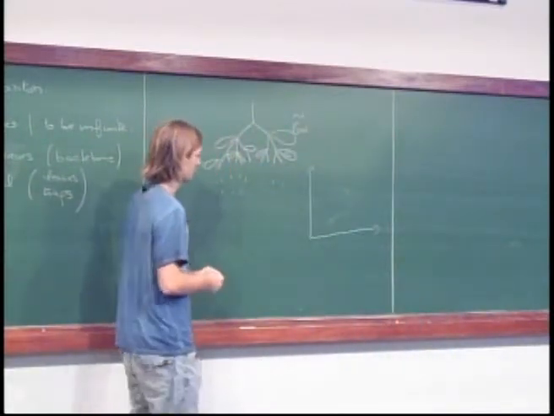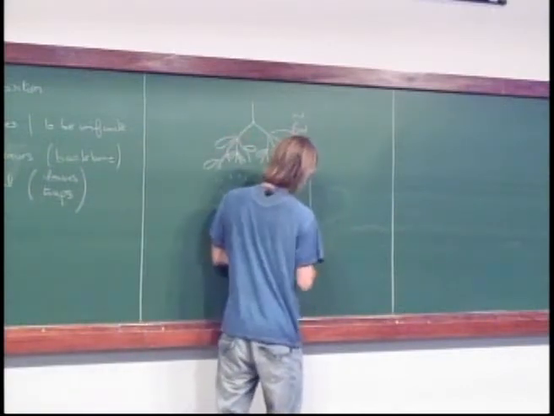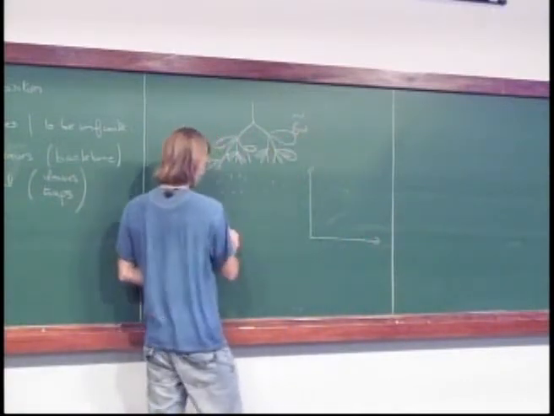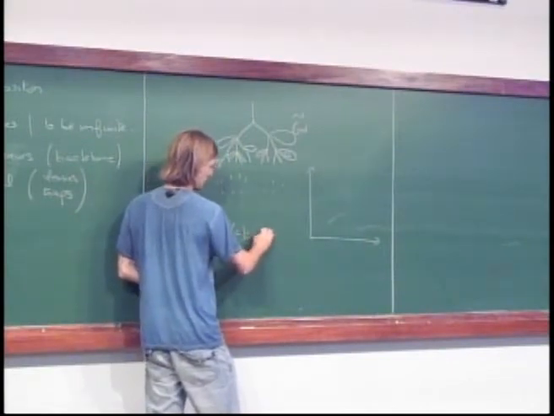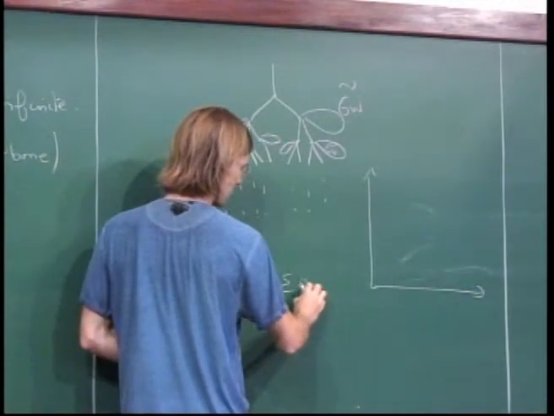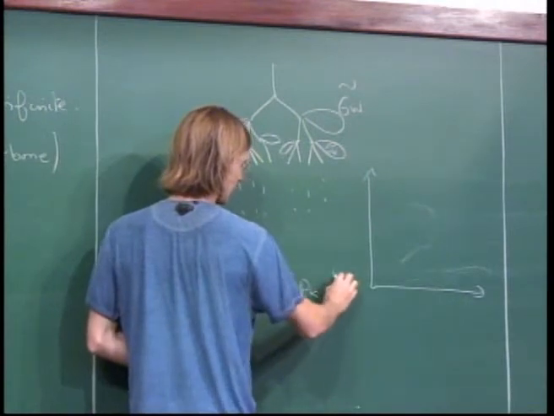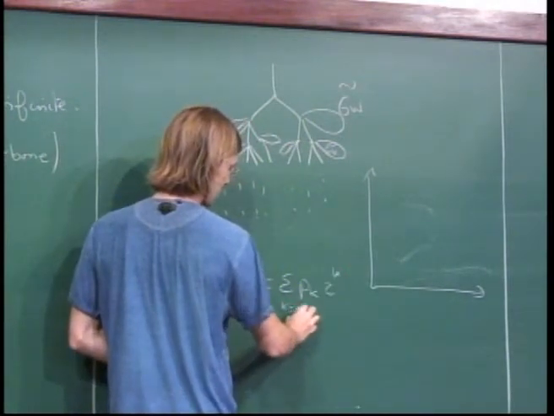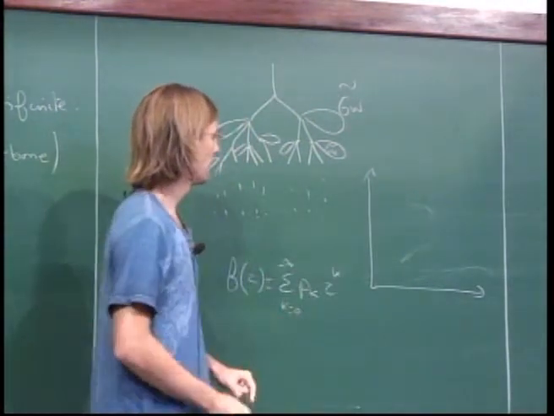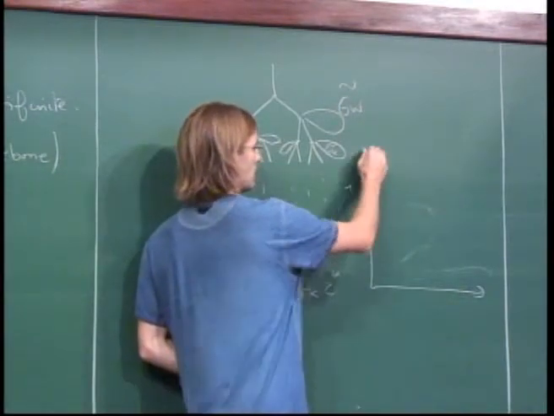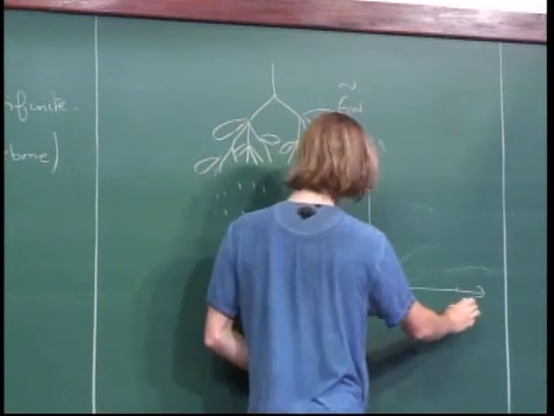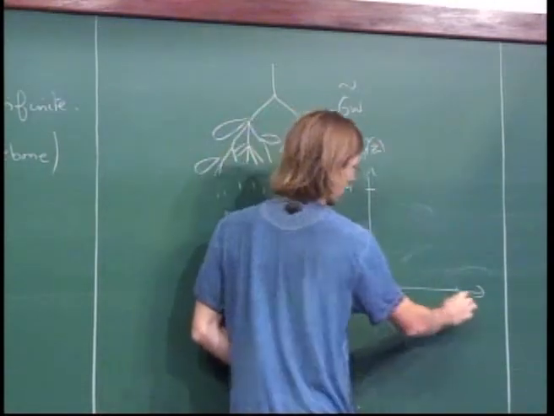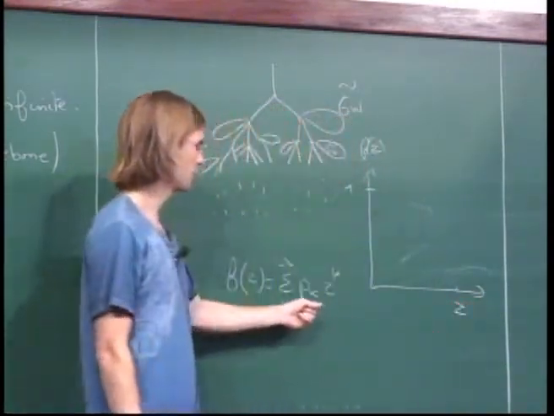So if you look at the generating function of this Galton-Watson tree, meaning this series, the sum of p_k z^k, k from 0 to infinity, then what you know is that f of, let's say, t, I used z. Well, you know that at 1 it's 1.